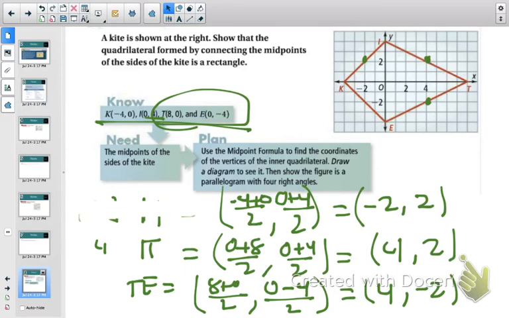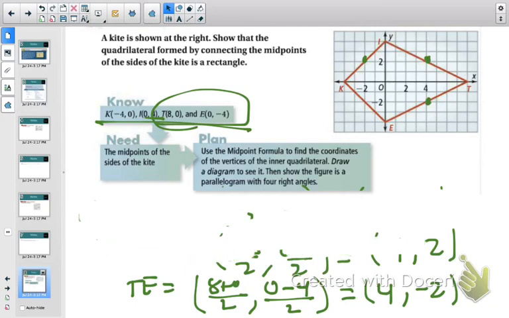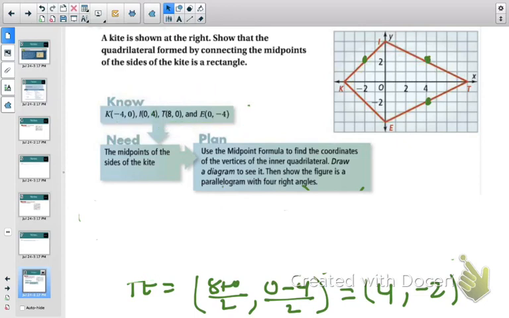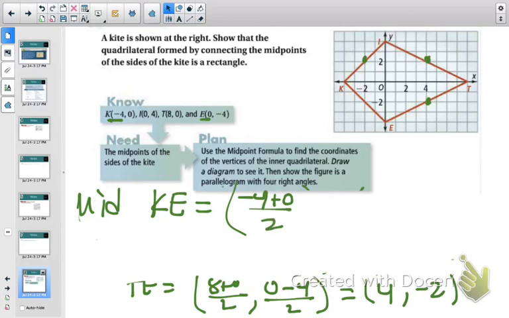Okay, and then the last one, I'm going to erase this so I have room. And the last one we need to do KE. So now we're looking at K and E. So average of the x's, so our x's are -4 and 0, so -4 plus 0 divided by 2, since we're adding two things together.